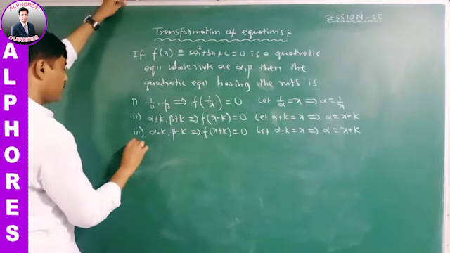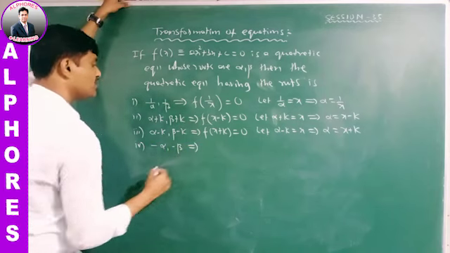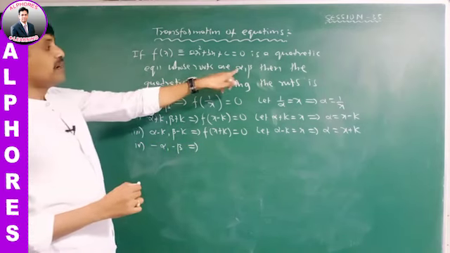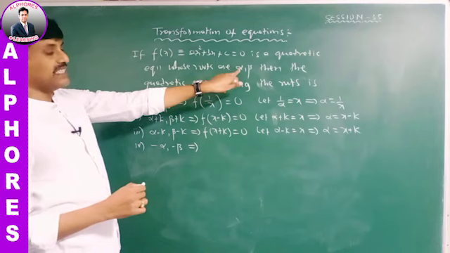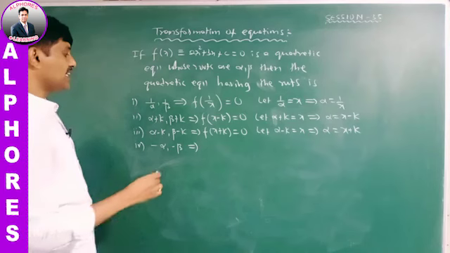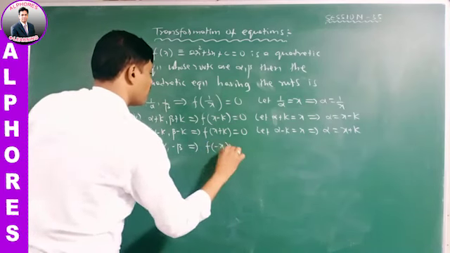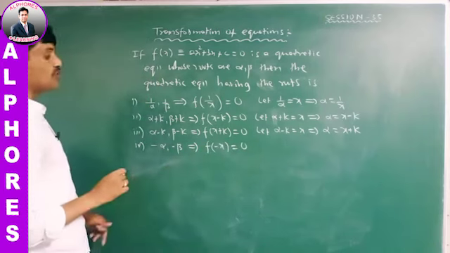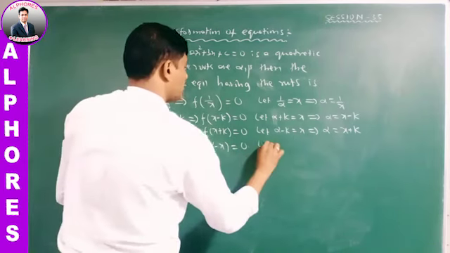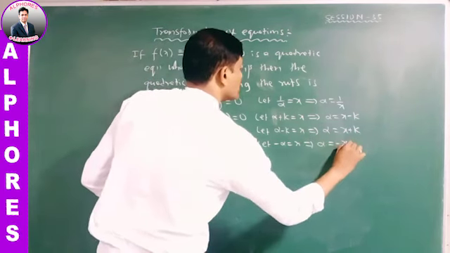And fourth one, minus alpha, minus beta, means what? Whose roots are opposite in sign, or contrary sign. In this case, our transformed equation will become f of minus x is equal to 0, because let minus alpha is equal to x, that implies alpha is equal to what?